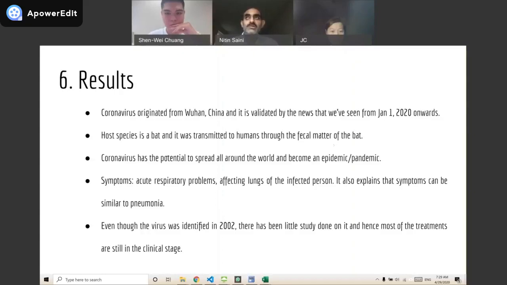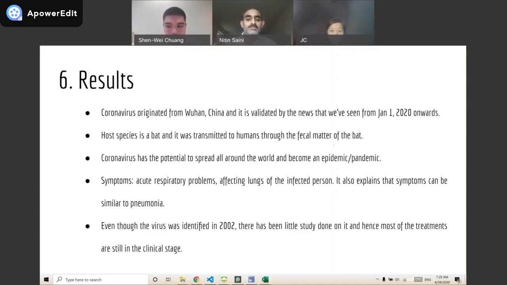So this also is validated again because there are a lot of theories going on, and the most common is that it transmitted from a bat to another animal, and then from that animal to human, which is validated here. So based on these 52,000 research papers, we were able to make a cluster out of it.